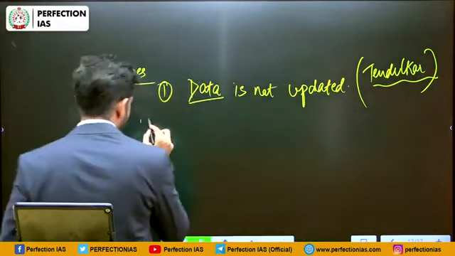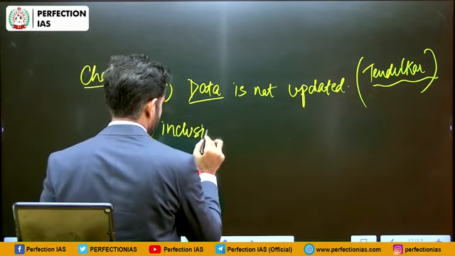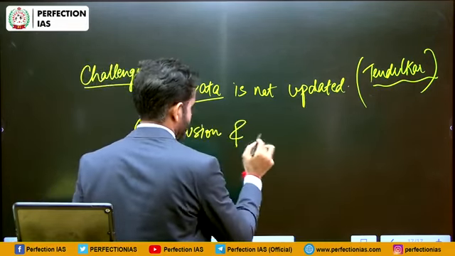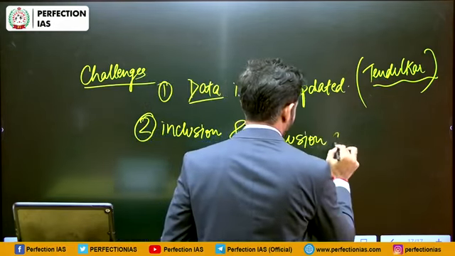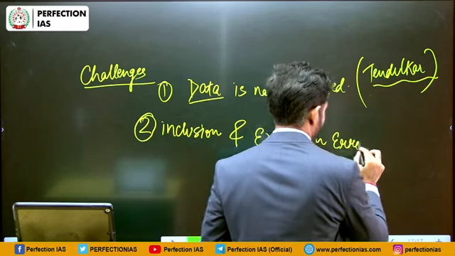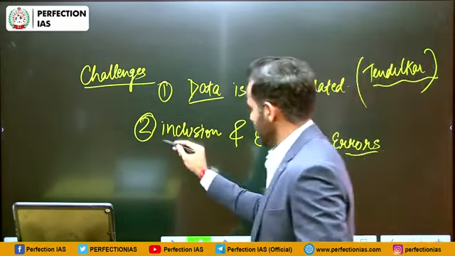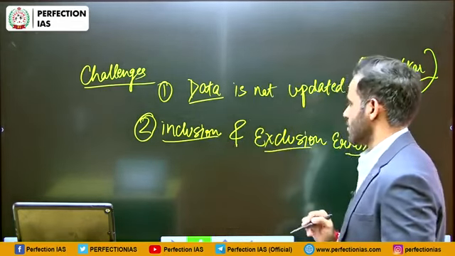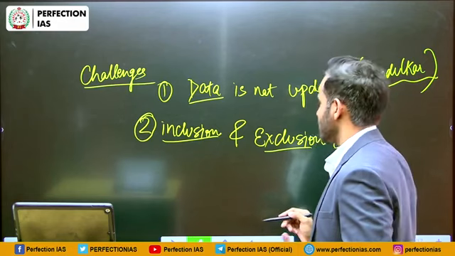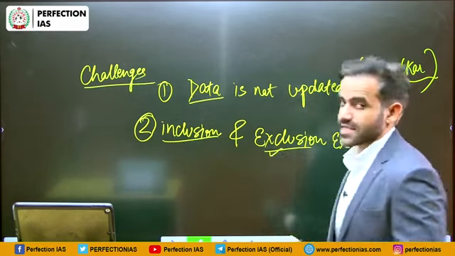Second problem is inclusion and exclusion errors. What does that mean? It means some people are included, some people are excluded. Those who are genuine beneficiaries, that means who should receive the benefits, are sometimes excluded.